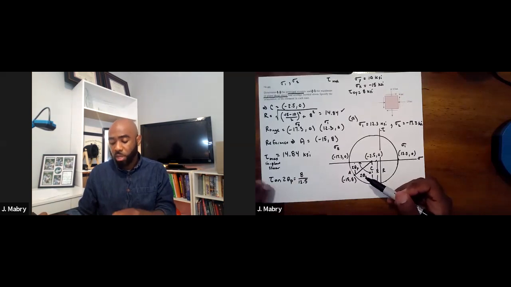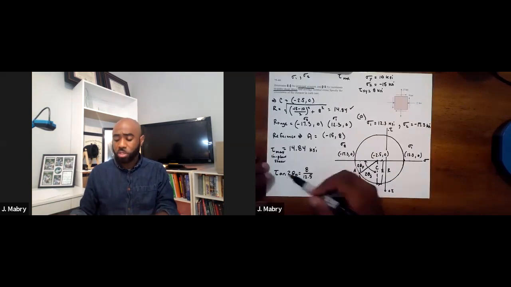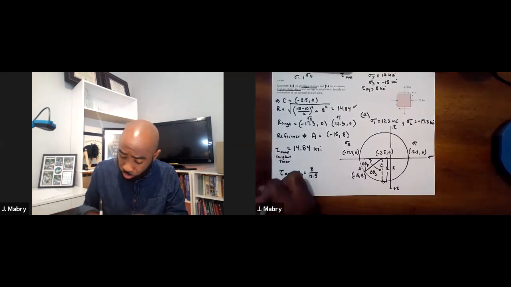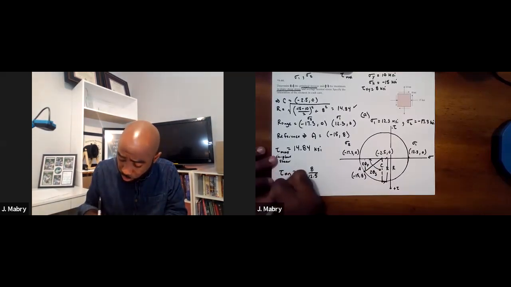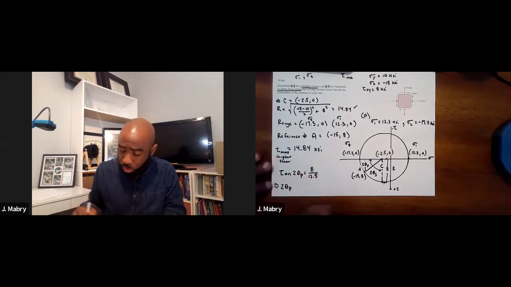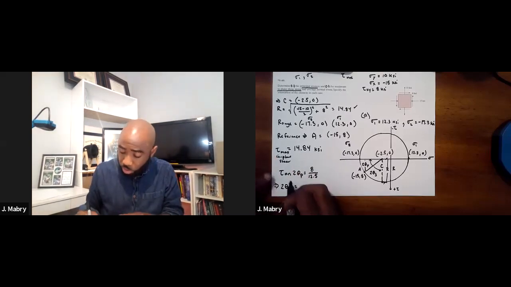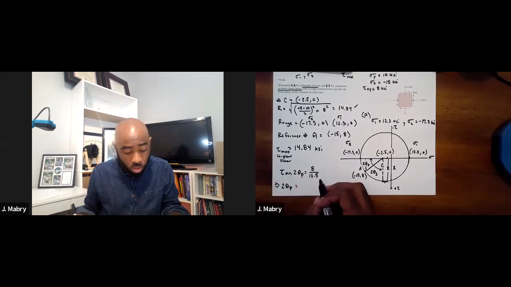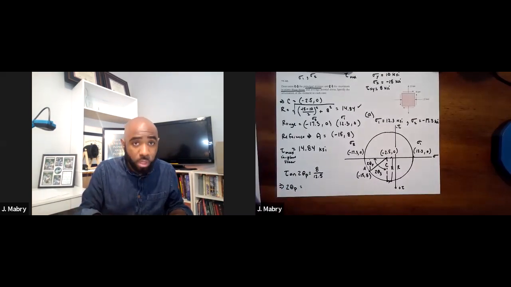If we take the inverse tangent of both sides, we can say 2 times theta p is equal to the inverse tangent of 8 over 12.5. Let me get that for you real quick.